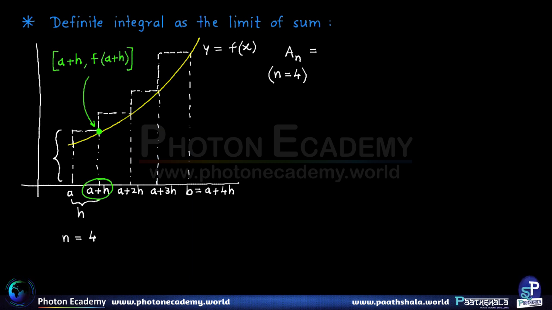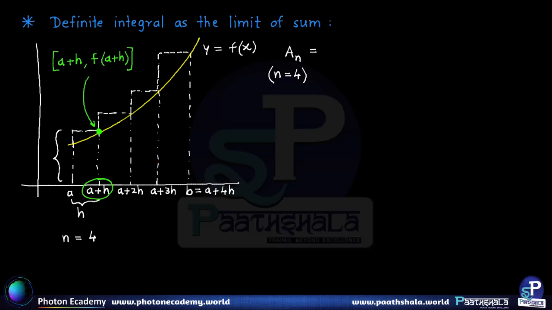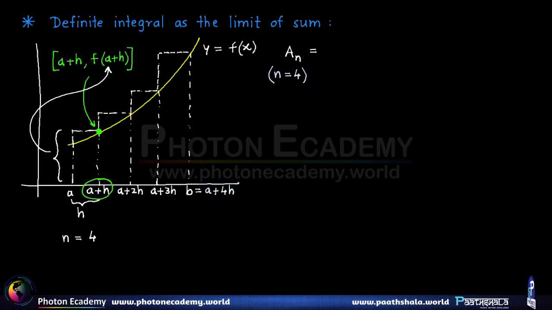So therefore the length of the first rectangle, that is the vertical height, we may say, is nothing but f of a plus h, and the width is nothing but h, as we have already seen. So therefore its area will be nothing but h into f of a plus h. So that's the area of the first rectangle.